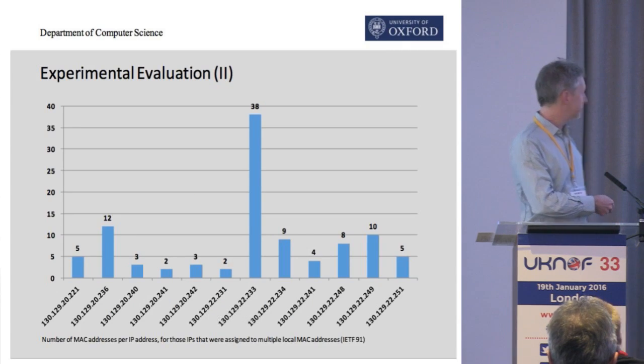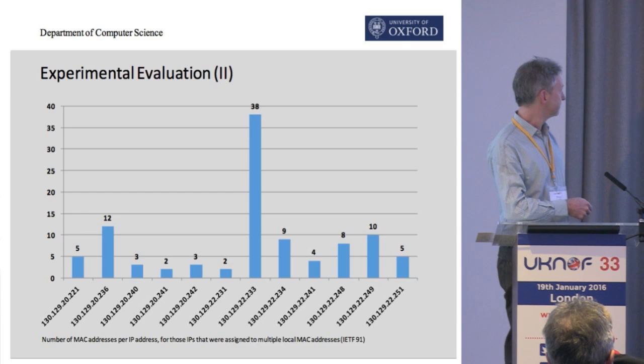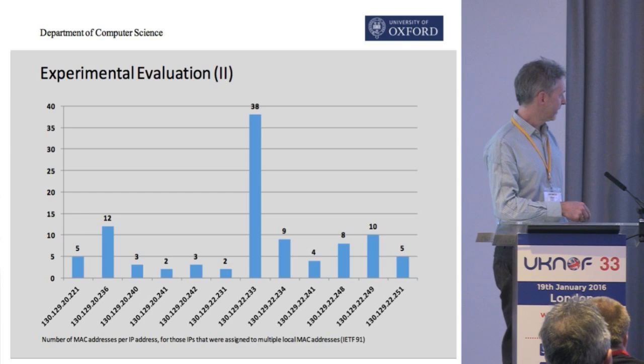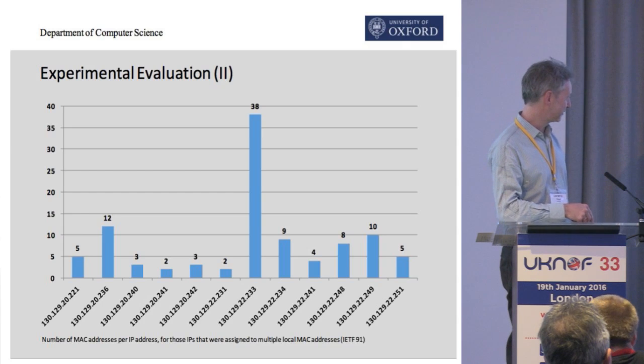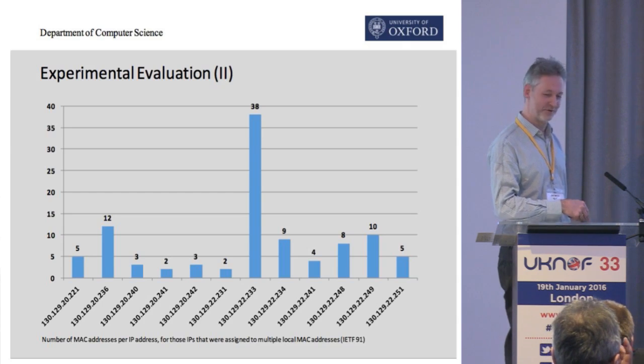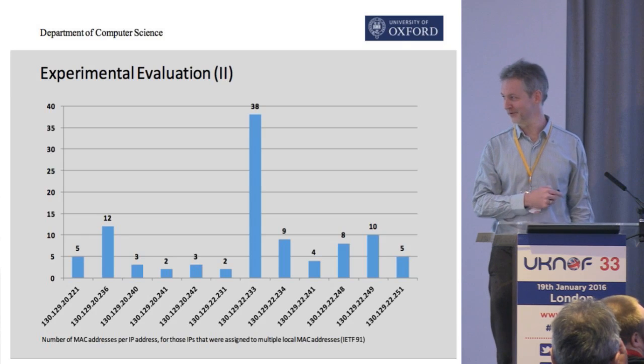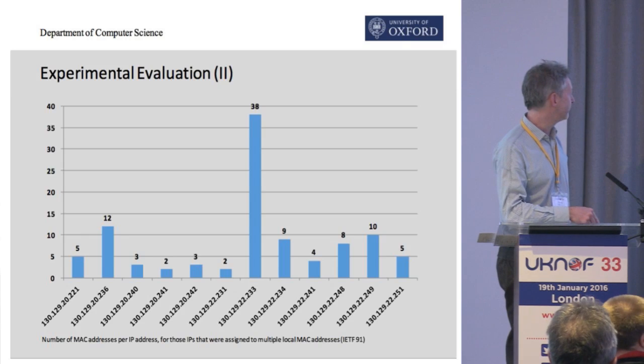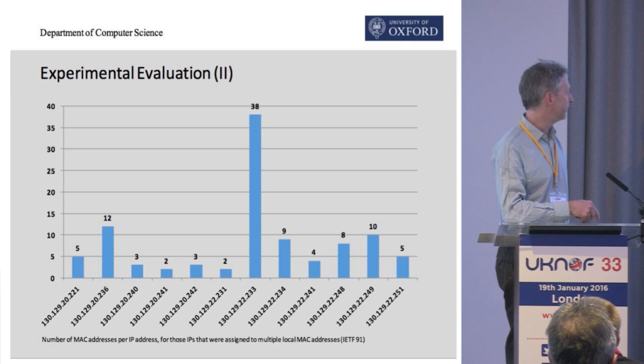So this is the first trial. There weren't actually a huge number of people who signed up, only about 12. These are the IP addresses that were on the network, and this is the number of different random MAC addresses that were assigned.